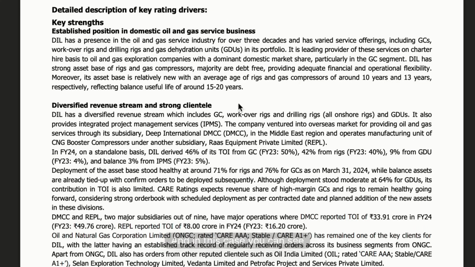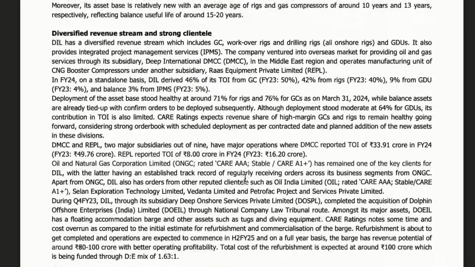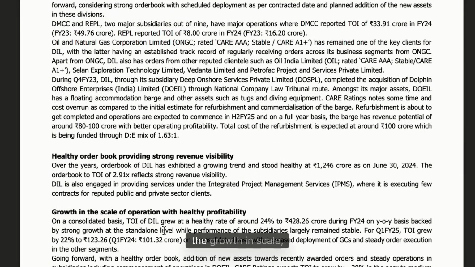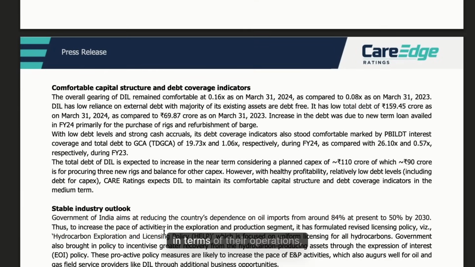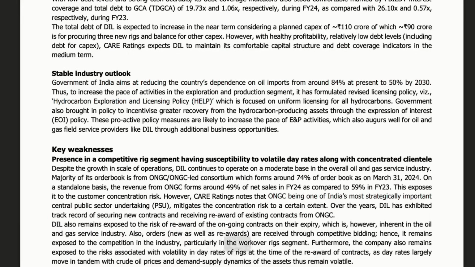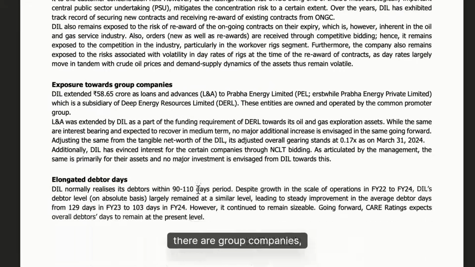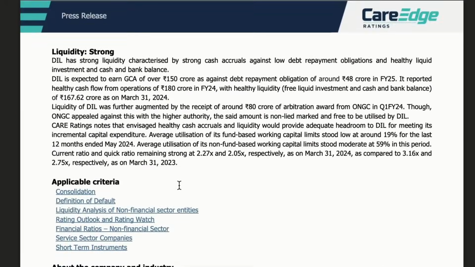And in this case, you can see it's a very good description of the strengths of the company: the diversified revenue stream, the clientele, the order book, the growth and scale of their operations, and what the industry outlook is like. There are also the weaknesses here. So obviously, I talked about the concentrated clientele, with ONGC forming like 49% of the net sales. There are group companies, there are debtor days, stuff like that.